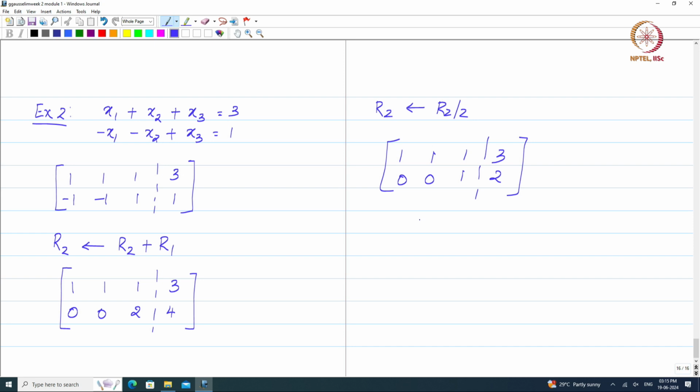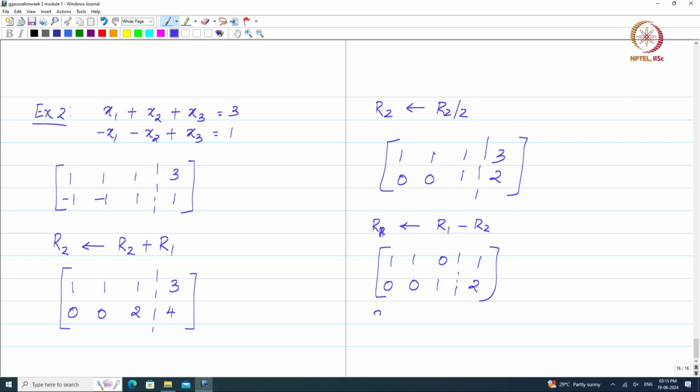Subtracting row 2 from R1, the matrix becomes 1 1 0 1, 0 0 1 2. So the RREF of A is 1 1 0, 0 0 1.